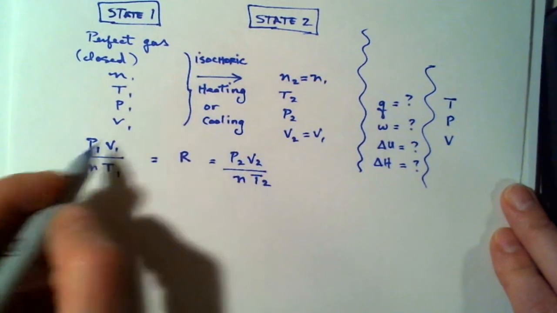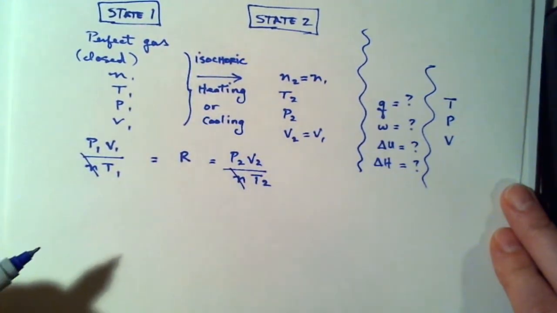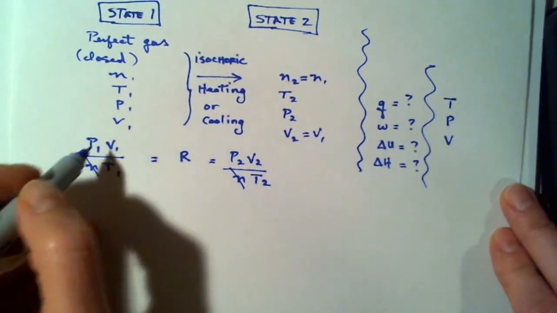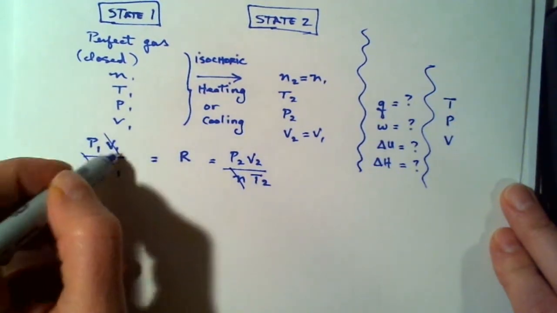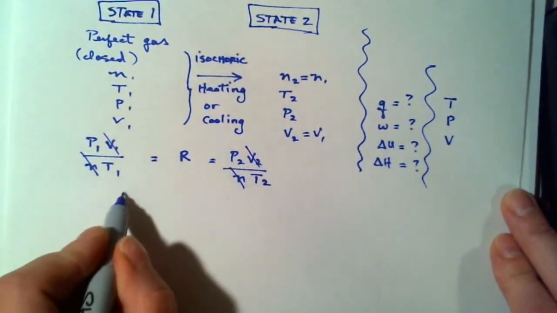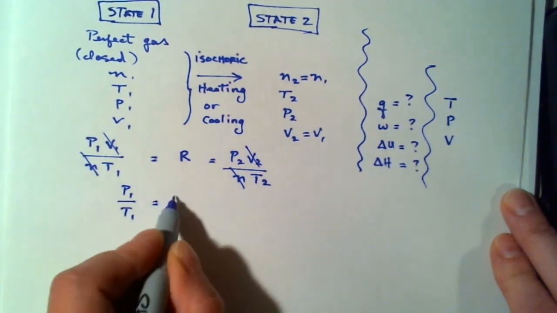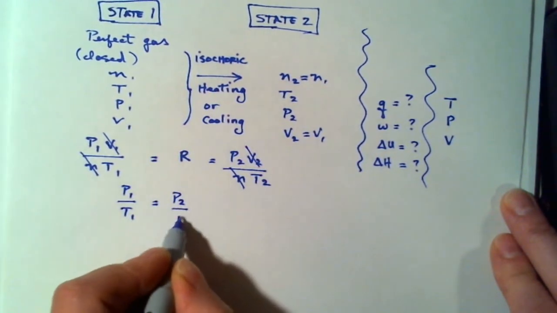Right away I know this is a closed system, so my number of moles is constant. And because it's an isochoric system, or a constant volume, I know that V1 is equal to V2. So I'm just left simply with P1 over T1 is equal to P2 over T2.